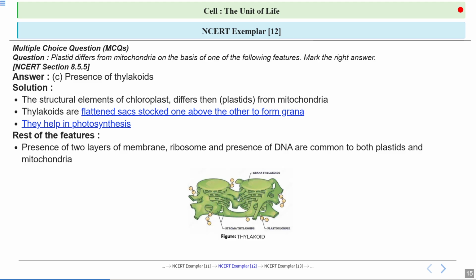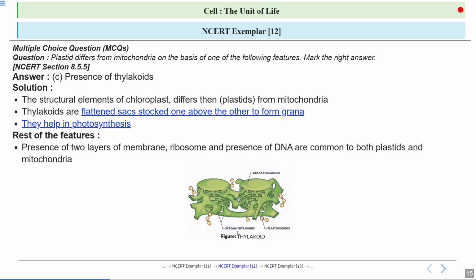But this thylakoid structure, you can see it given here. This is one thylakoid, this is the second, third, fourth, fifth, sixth. Now this is a collection of thylakoids, right? This whole structure is called grana. And there are some thylakoids that attach one grana to another.